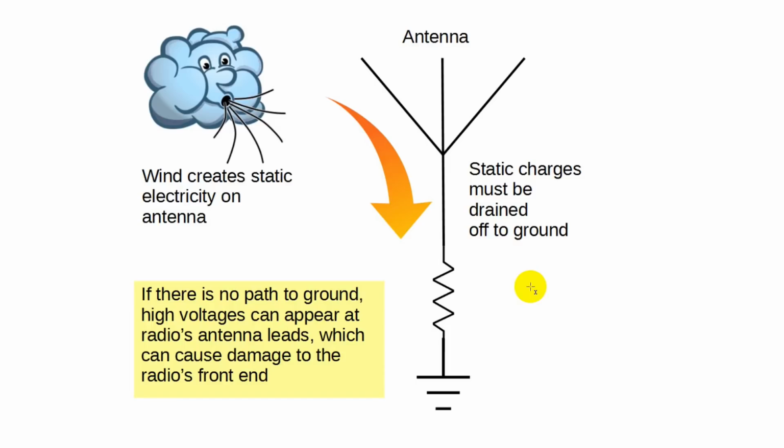And it blew out the front end because I had no path for that static to get to ground. There was so much charge on the input that I had to send it back for repair. So make sure that there is a DC path to ground, or at least a resistive path to ground that the static can get to ground.